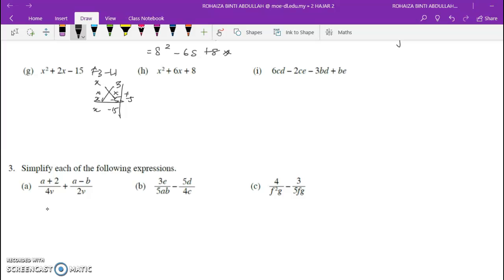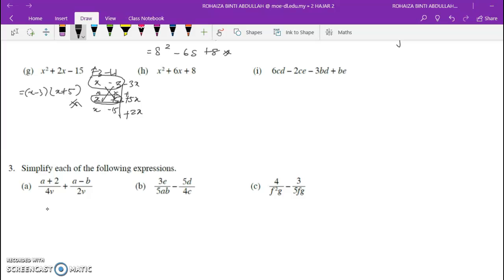Sebab negatif 5x. Yang ni 3x minus 5x is negative 2x. Tak boleh. So, 3 negatif, 5 positif. Negative 3x plus 5x is positive 2x. Okay, dapat? So, first, x minus 3. Second, x plus 5. That's the answer.